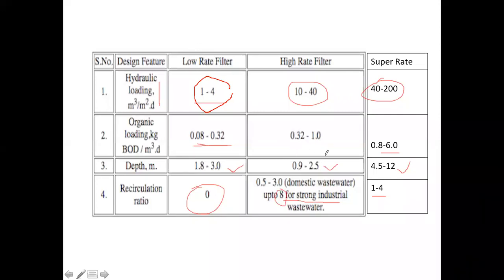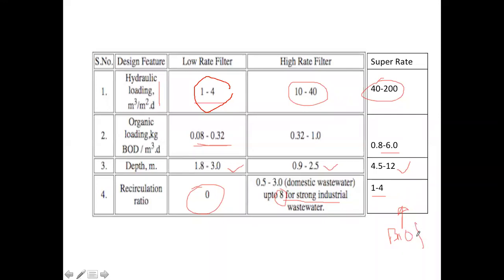Because in case of high rate filter, we are doing more recirculation. So obviously the treatment is achieved by doing the recirculation. Therefore, in this high rate filter the depth is less, but in case of super rate the depth is more because this is also called a biofilter. It is not used for municipal wastewater, and it is used mainly for industrial wastewater.